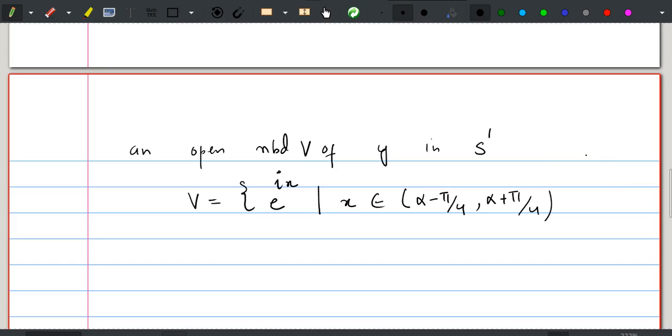Suppose we have the circle S1 here, and suppose this is our point y, which is equal to e to the power i alpha.